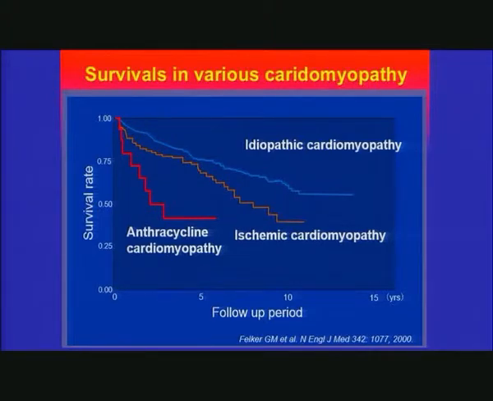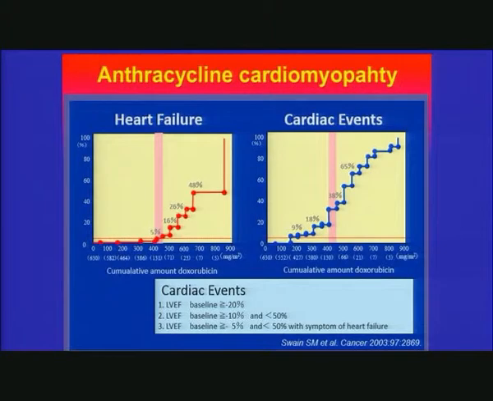So this slide shows the survival of the various cardiomyopathies: idiopathic cardiomyopathy, ischemic cardiomyopathy. And this is anthracycline cardiomyopathy, the worst cardiomyopathy in terms of prognosis. And this shows the dose-dependent occurrence of heart failure as cardiac events.